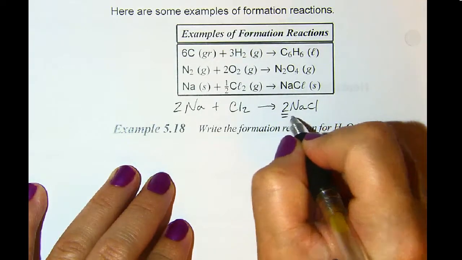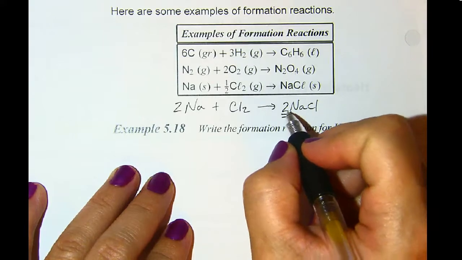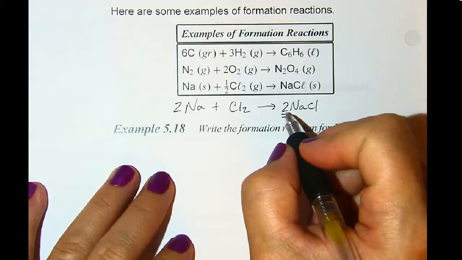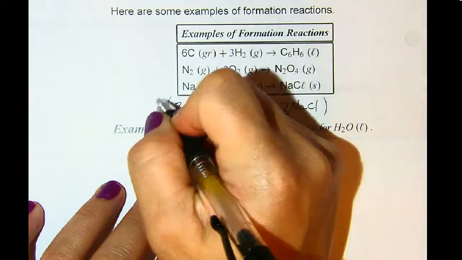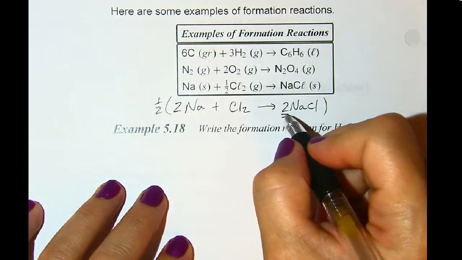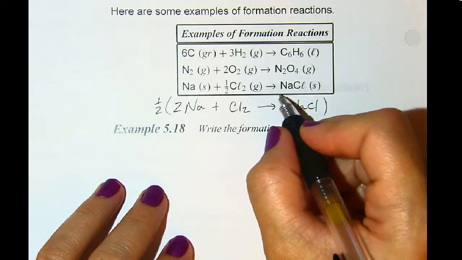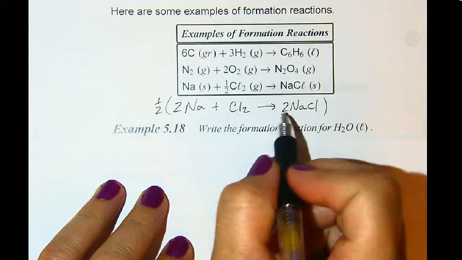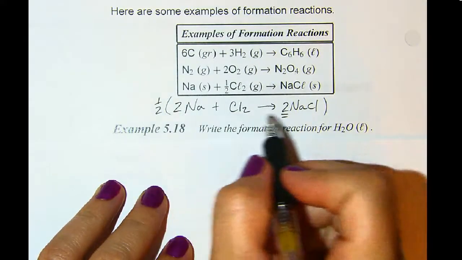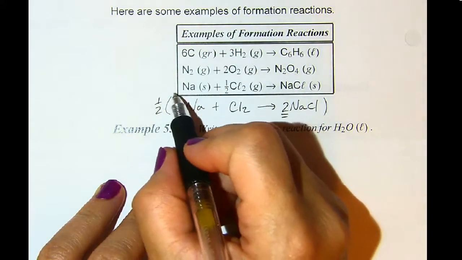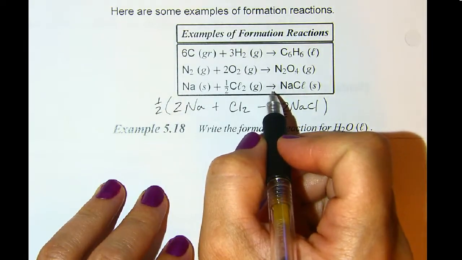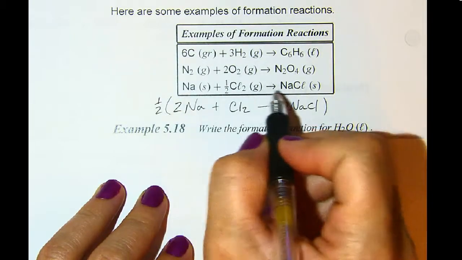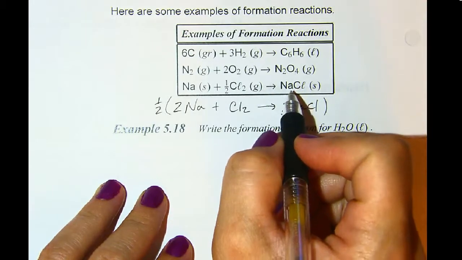However, because you have to have your product only 1 mole's worth, we're going to multiply the entire equation by 1/2. That's going to get rid of this 2 and make it 1. And so instead of having a 2-1-2 ratio, multiplying all the coefficients by 1/2 gives me a 1-1/2-1 ratio instead. And so now this is considered the formation reaction of NaCl.